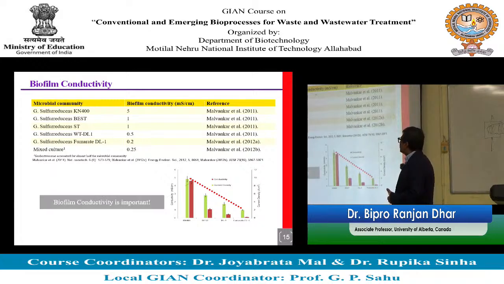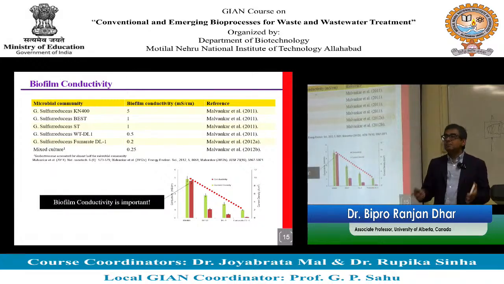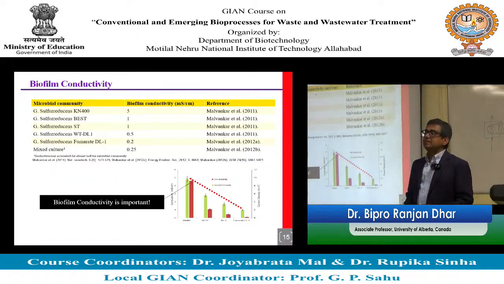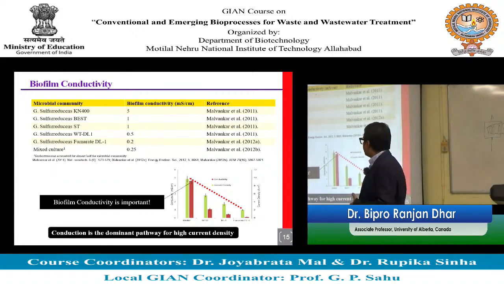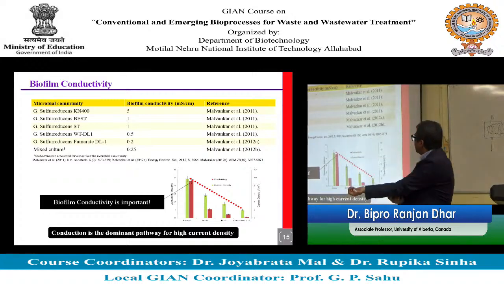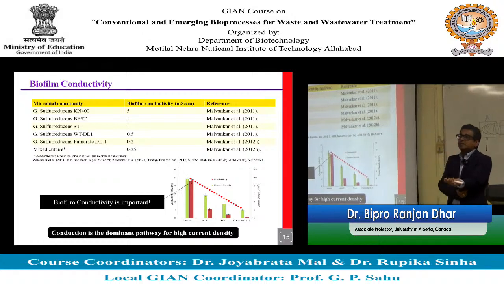That means biofilm conductivity is very important to get high current density from a microbial electrochemical system. So conduction is the dominant pathway for high current density in microbial electrochemical systems.